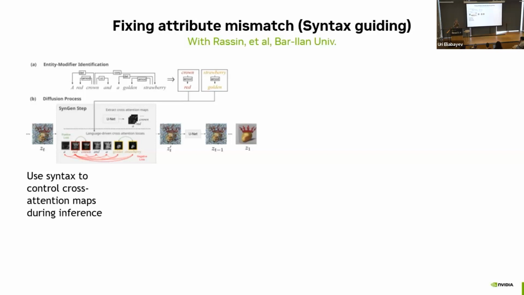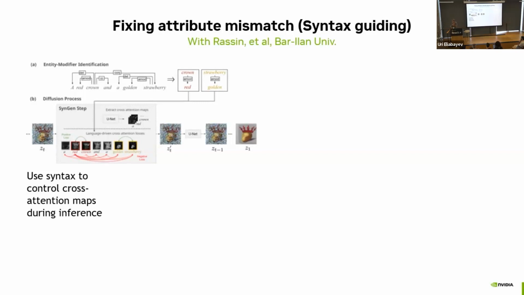And now you intervene with the cross-attention component of the diffusion model. And the cross-attention is really simple. For every word in a sentence, it tells you which pixels in the image should correspond to that word. So if you have red crown, what you want is that the pixels of red overlap the pixels of crown. So we design a loss that does that.